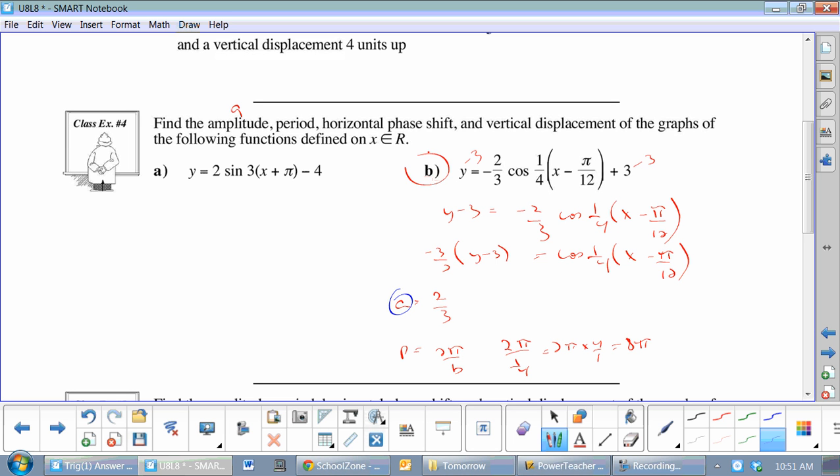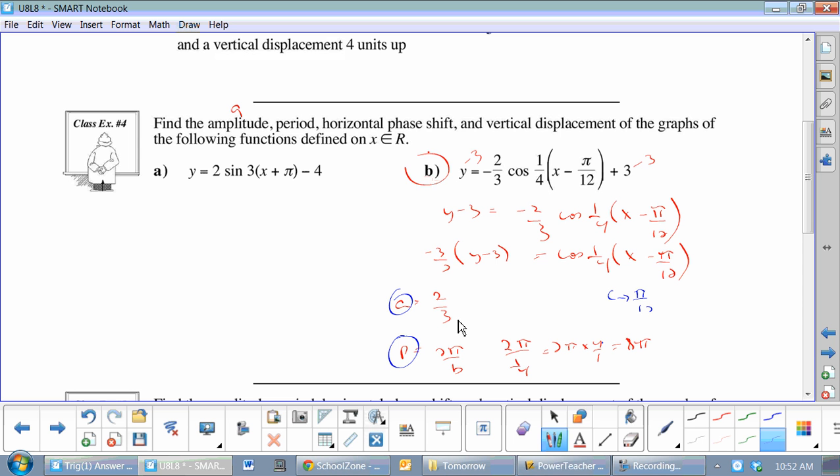The next thing they want is C. Oh, sorry, that's period. Okay, so I got my period done. What would be my C? What is C? Okay, pi over 12. So what does it really mean, though?